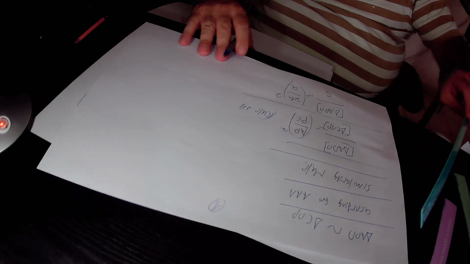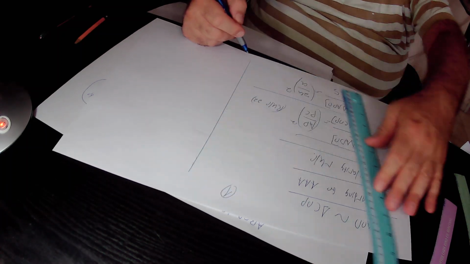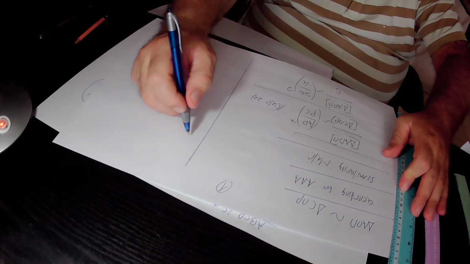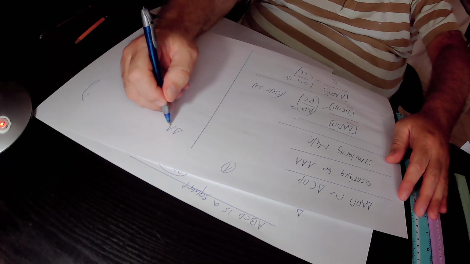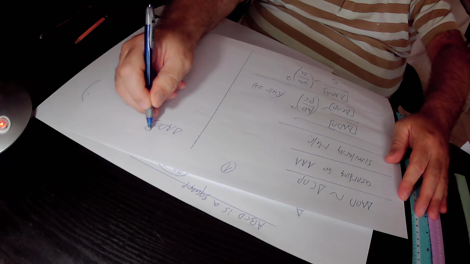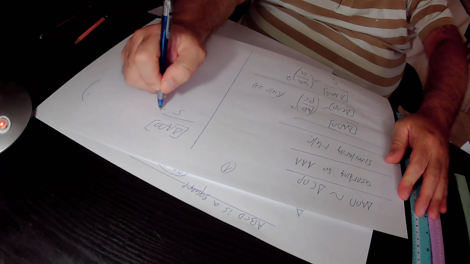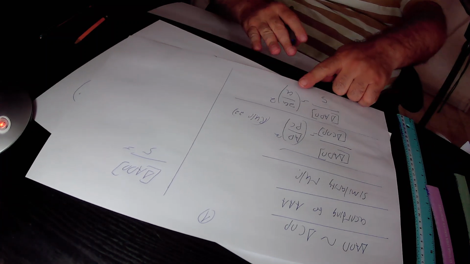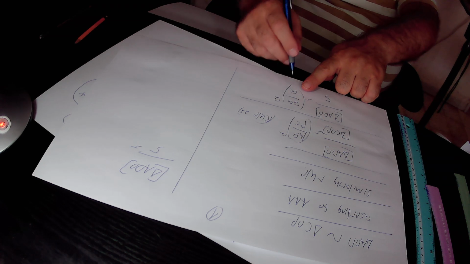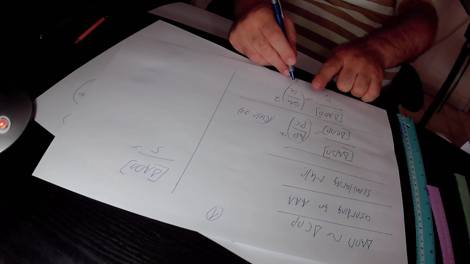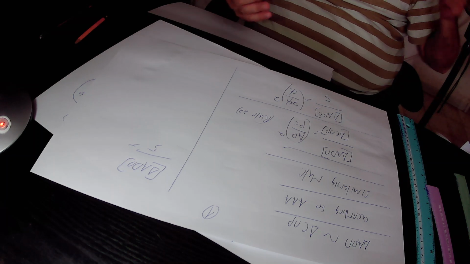So if we found out that the area of the big triangle ADO over 5 equals, here we have 2A over A squared. We have A in the numerator and A in the denominator, so A will get cancelled, and we're left only with 2 squared. 2 squared is of course 4.